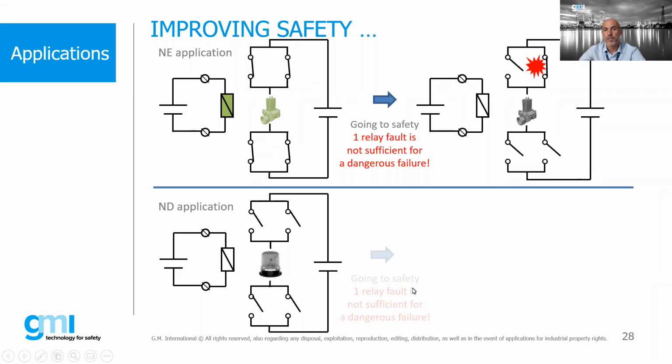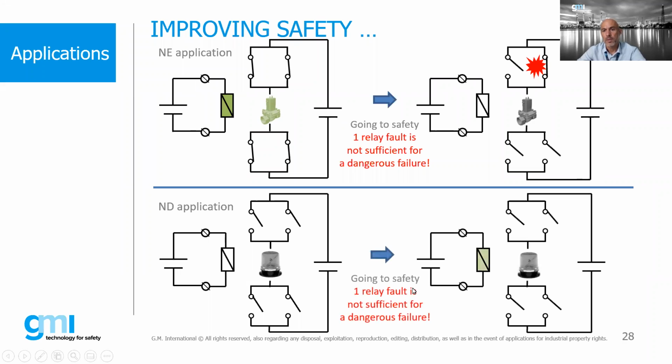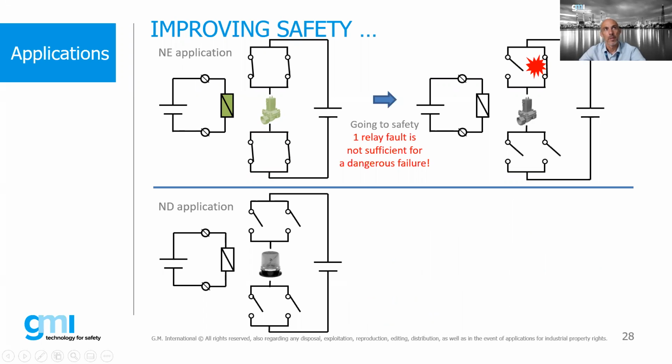Also for normally de-energized, the next one, all relays close, but one does not, because it's failing. And that is not enough for a dangerous failure, because the circuit here is closed by the aluminum connector. So this is a configuration that improves safety, able to perform even if one relay is having some problem.